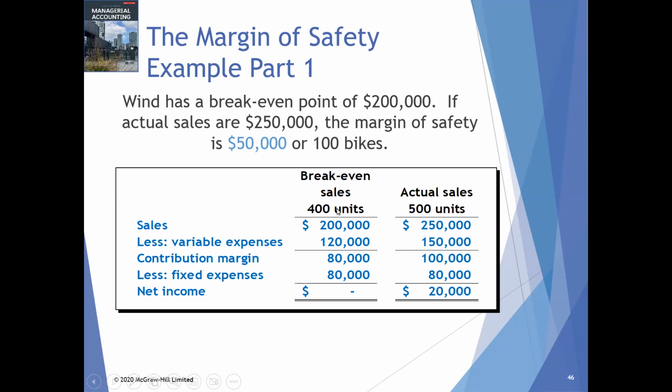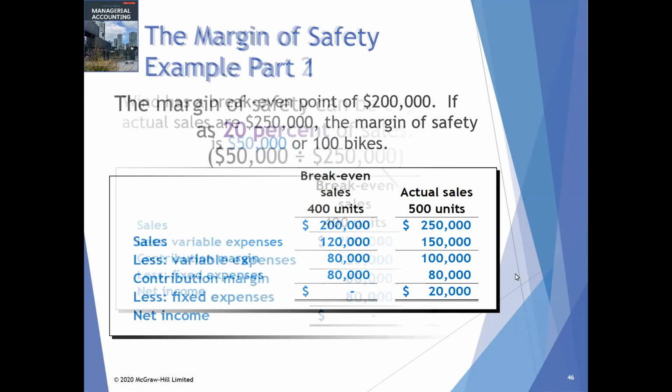So 100 units of bike, 500 minus 400, is 100, and $200,000 is the break even point. Why do we say this is the break even point? Because after the contribution margin and the fixed expenses, there is no profit. If there is no profit, it means 400 units is the break even sale. Now the actual sale is 500 units. So 250,000 minus variable expenses and fixed cost, and 20,000 is the profit here.